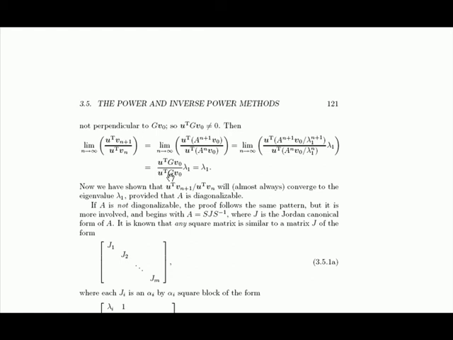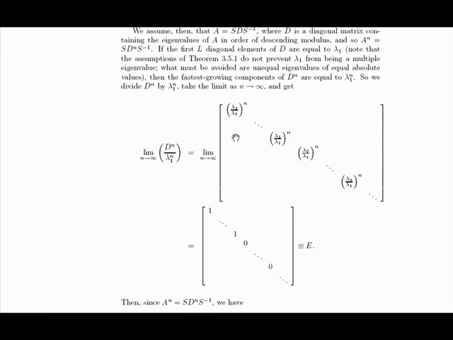You have to be extremely unlucky. We'll basically choose v0 using a random number generator to decrease the probability of that happening. So, an extremely simple method.